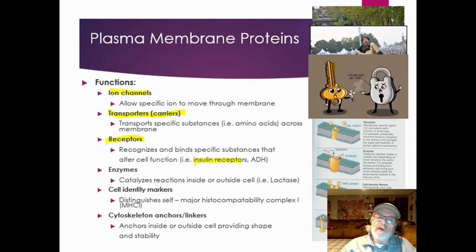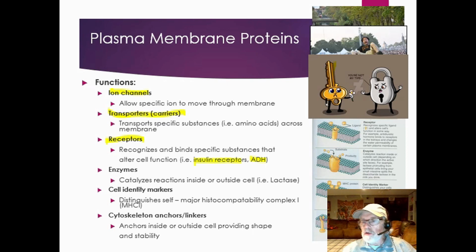Another example of that would be ADH. ADH is a hormone produced by a small portion of the brain called the pituitary gland, about the size of a pea or the tip of your little finger. It's in the base of the brain, and when I want to conserve water, the pituitary releases this hormone called ADH, antidiuretic hormone.